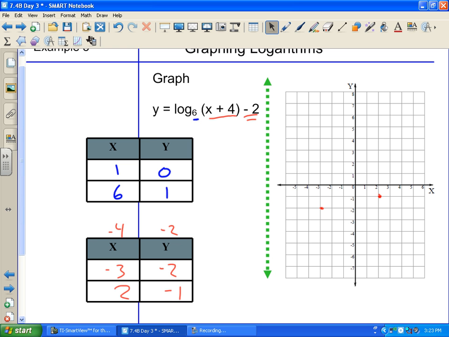Here's your hint: I now have a domain restriction, when before on an exponent I had a range restriction with a horizontal asymptote. So my vertical asymptote, which will have a domain restriction, should be located where?